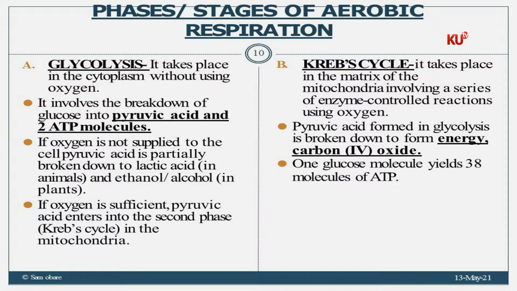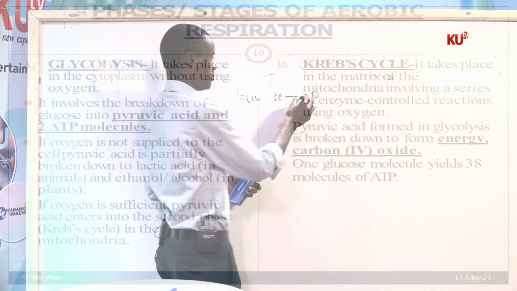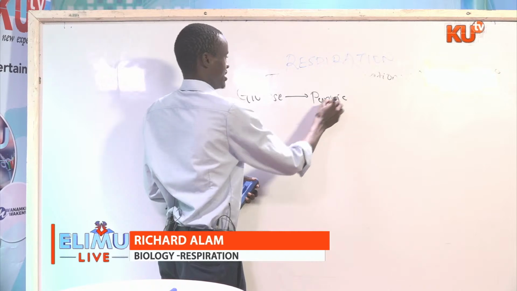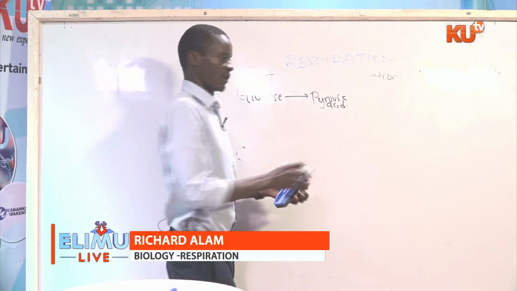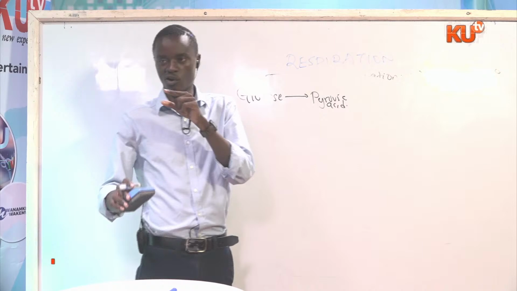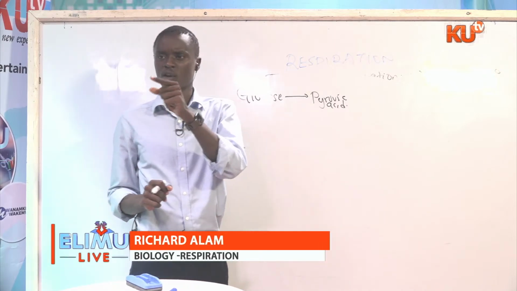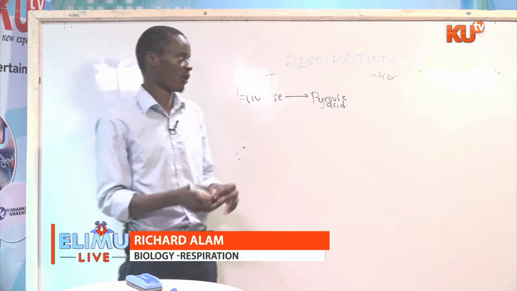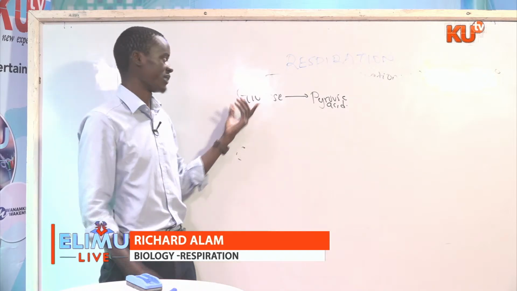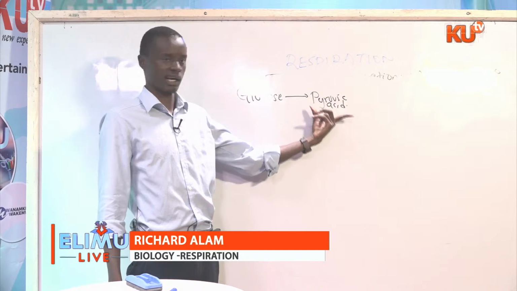So we have glucose, then we partially break down the glucose into pyruvic acid, because food substance is being broken down in the absence of oxygen.